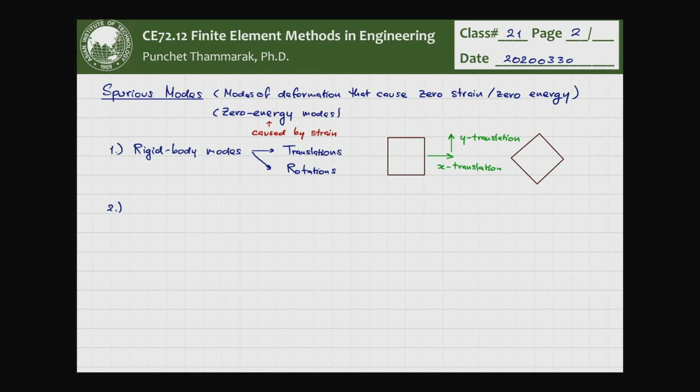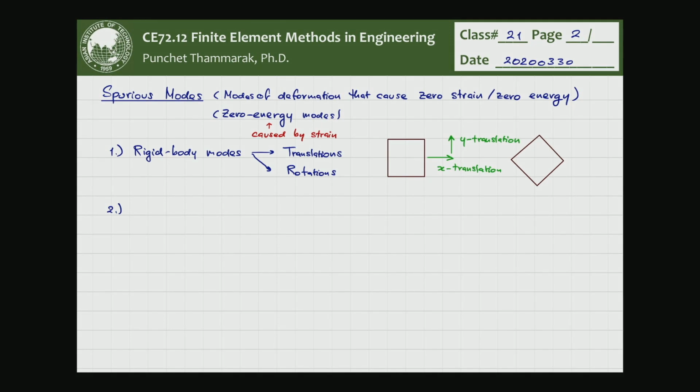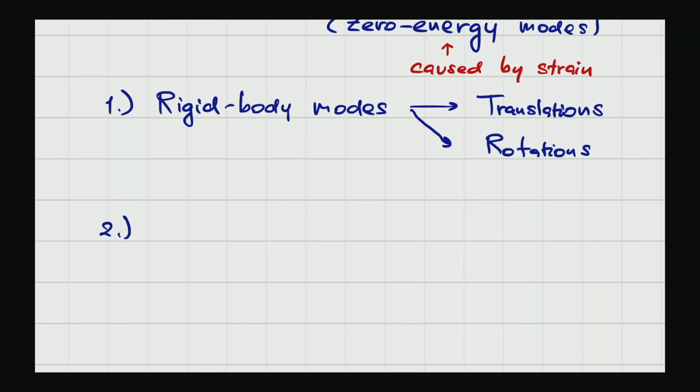It rotates, it translates, but there is no change in the geometry. So that's where the word rigid body comes in, because rigid body refers to no change of geometry.